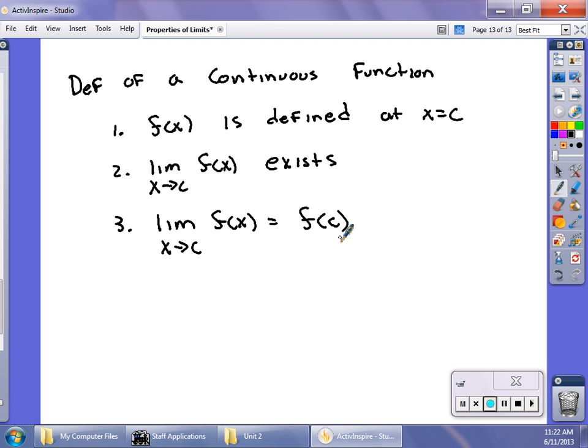Sometimes people will get a little bit tripped up on the last one. Or they'll have a hard time graphing piecewise functions. Let me do an example.